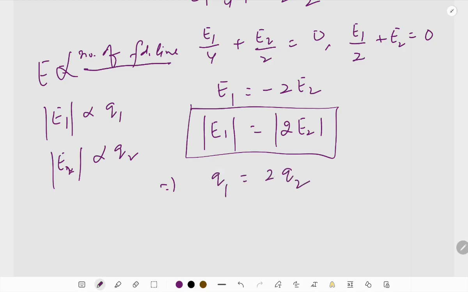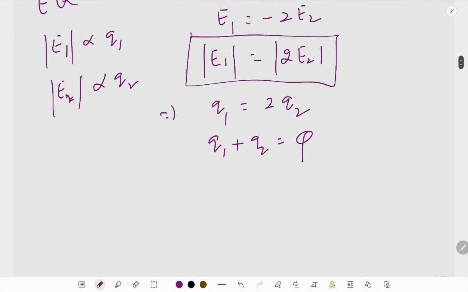That's right. And you have also one statement, Q1 plus Q2 equals Q. Then using these two equations, you can always find that Q1 is equal to 2Q by 3 and Q2 is equal to Q by 3. You can always find it. So you completed this solution.